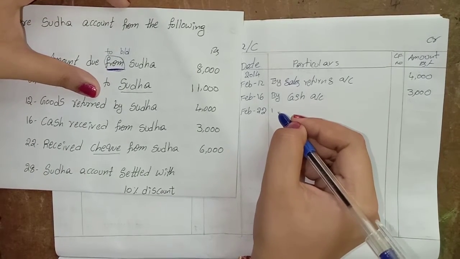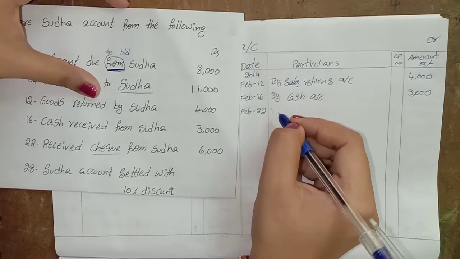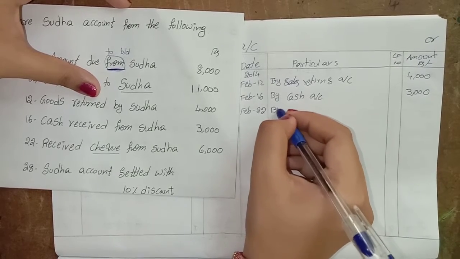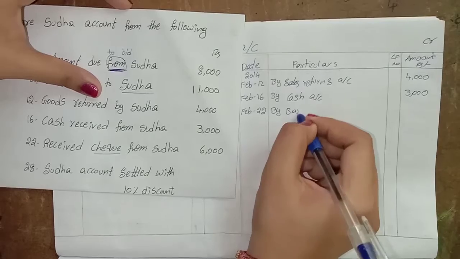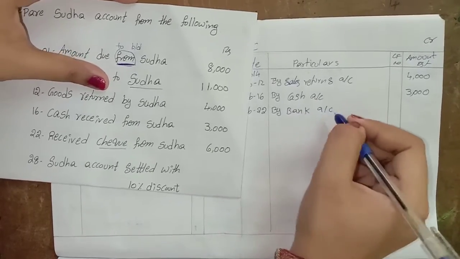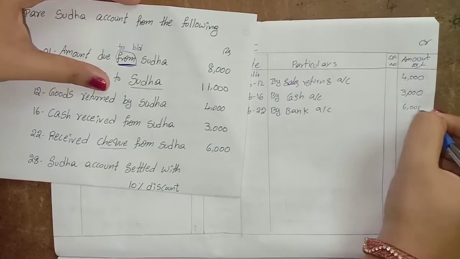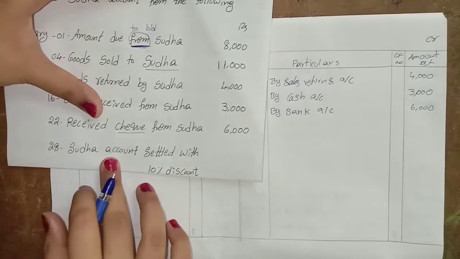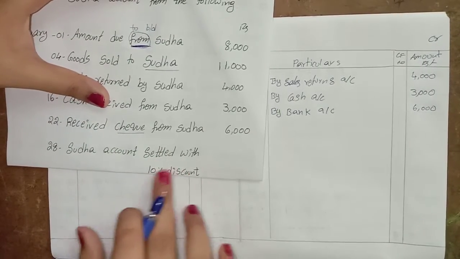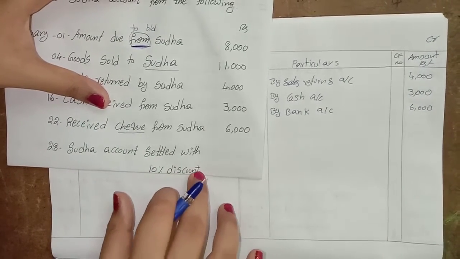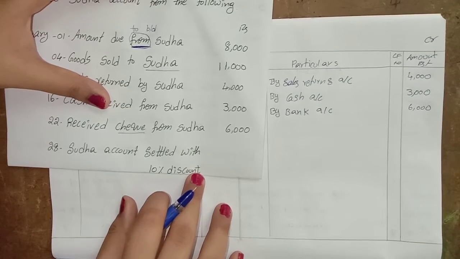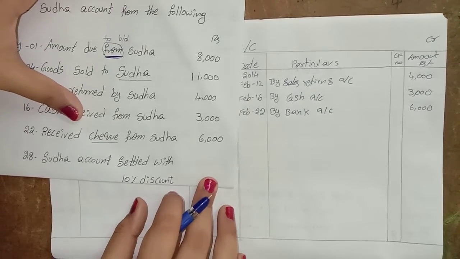Sudha is in credit, so we have to credit the bank. How much? 6,000 rupees. Sudha account settled with 10% discount.